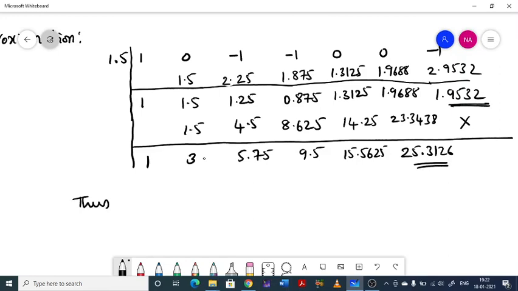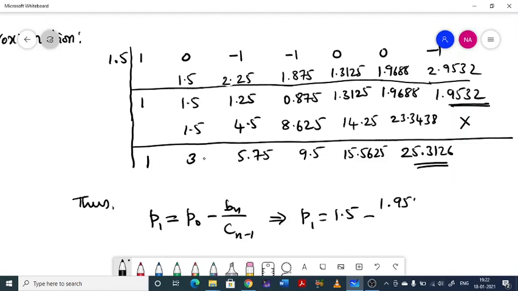Thus the first approximation P1 will be P naught minus Bn divided by Cn minus 1. So that is P1 equal to P naught, that is 1.5 minus Bn, 1.9532 divided by Cn minus 1, 25.3126.